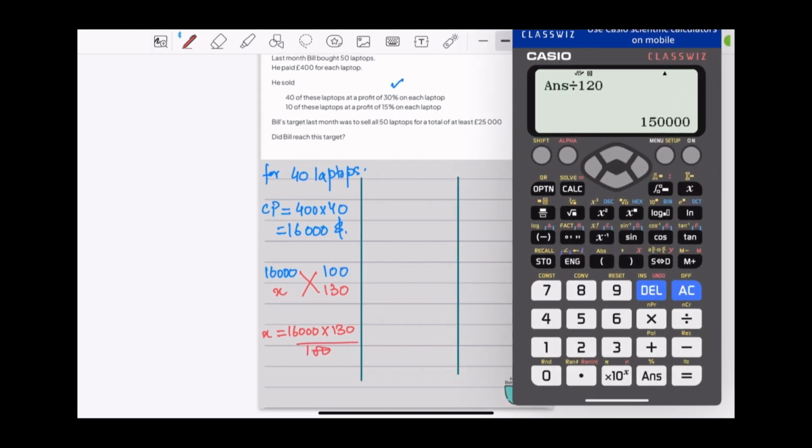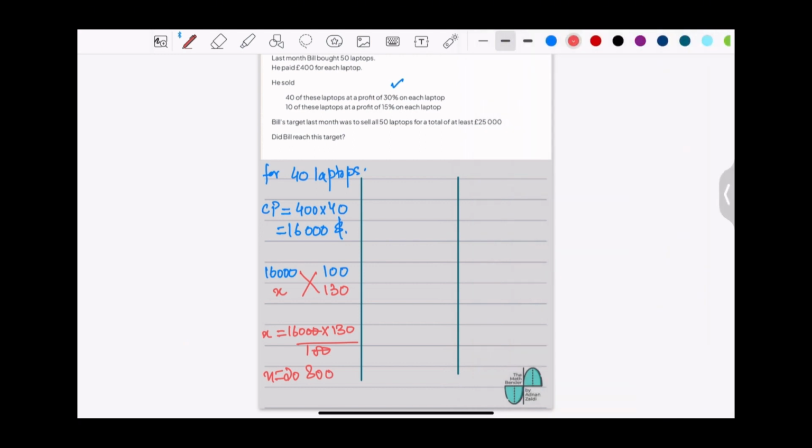And two zeros go away, and then 160 times 130, which gives you X is equal to 20,800. This is the price he got after selling those 40 laptops.